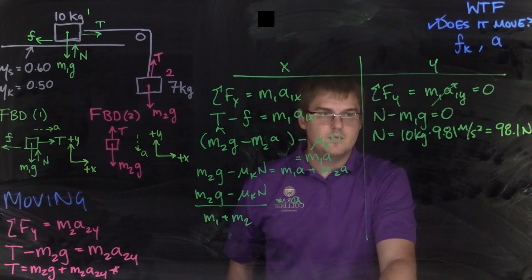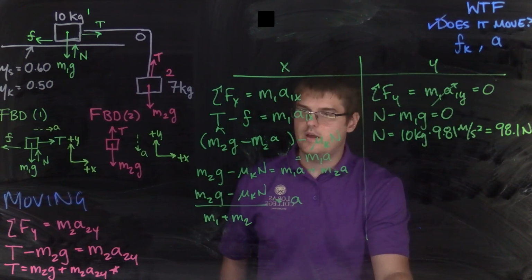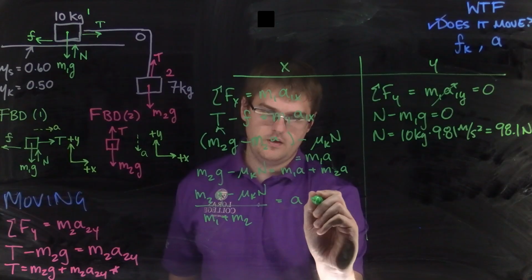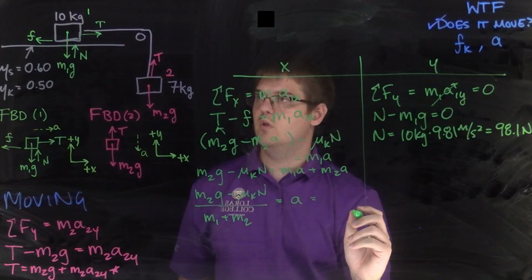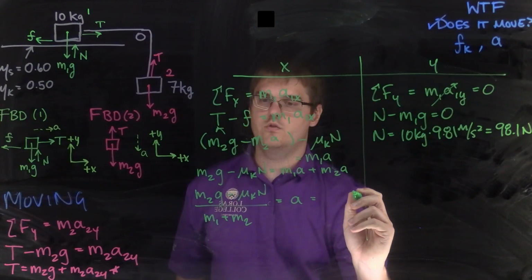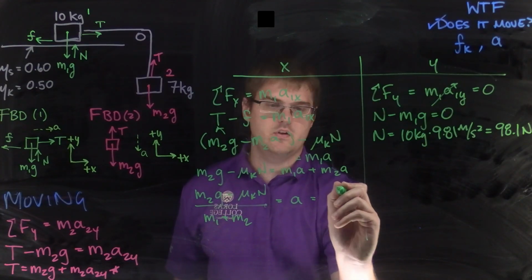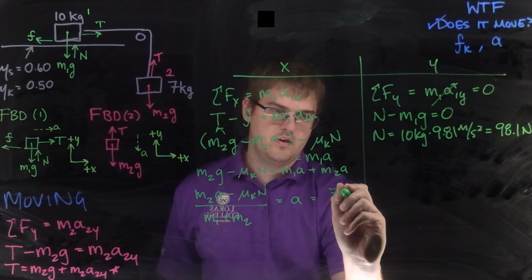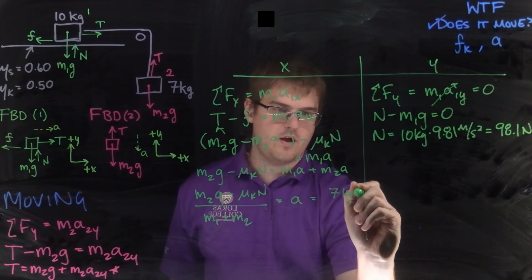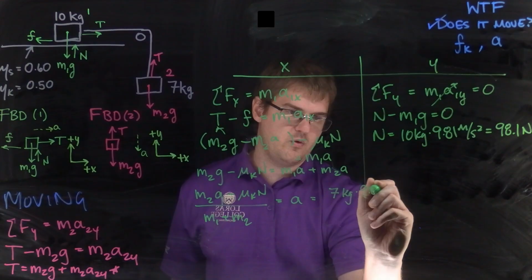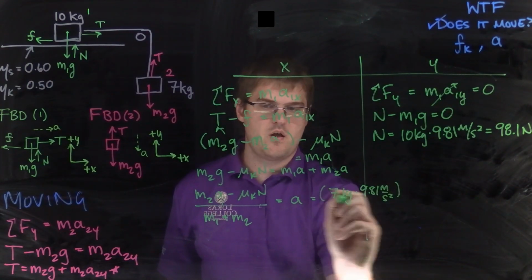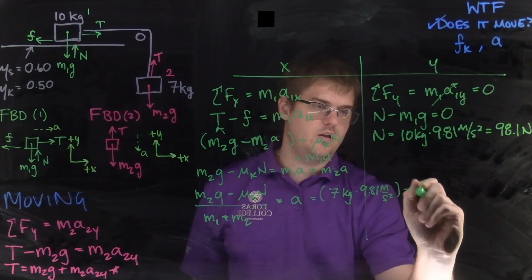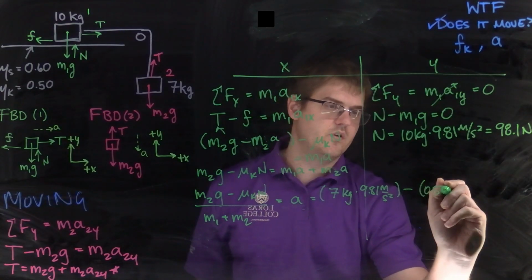I know you guys probably already plugged in your numbers in here by now. I haven't, so let's go ahead and do that now. It's no problem if you plugged them in already. My mass of block 2 is going to be a mass of 7 kilograms. My gravity is 9.81 meters per second squared. My mu k is 0.5.